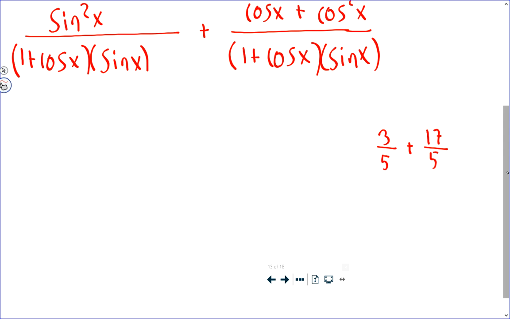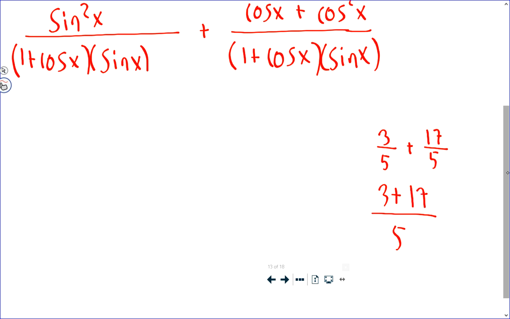And the reason is, if I add 3/5 to 17/5, it's easy for me to explain what's going on. I would just tell the students, if I had 3 kittens and I was adding 17 kittens, I would get 20 kittens and a whole bunch of happiness. But the point is, when you add fifths to fifths, they remain fifths, and you simply add the numerators.